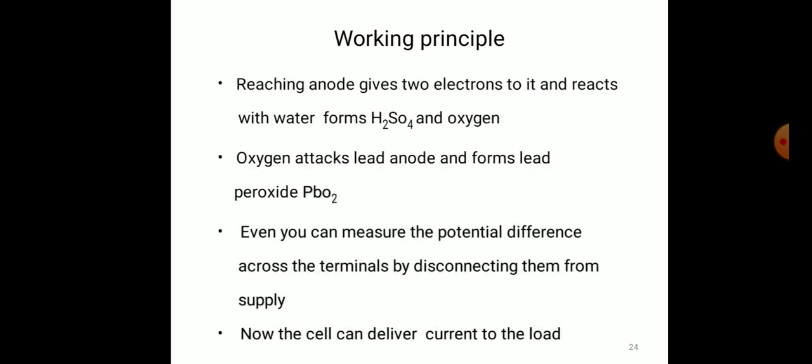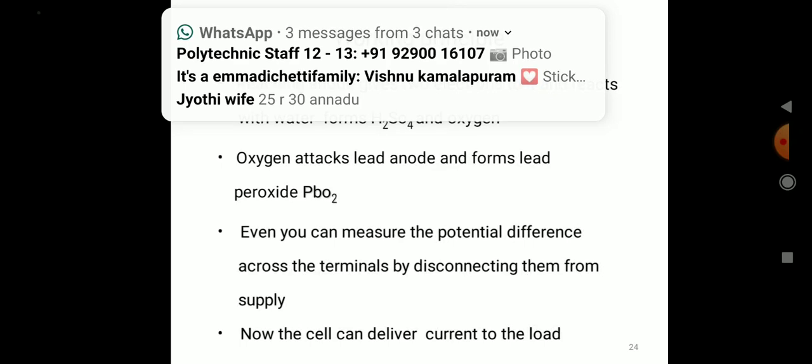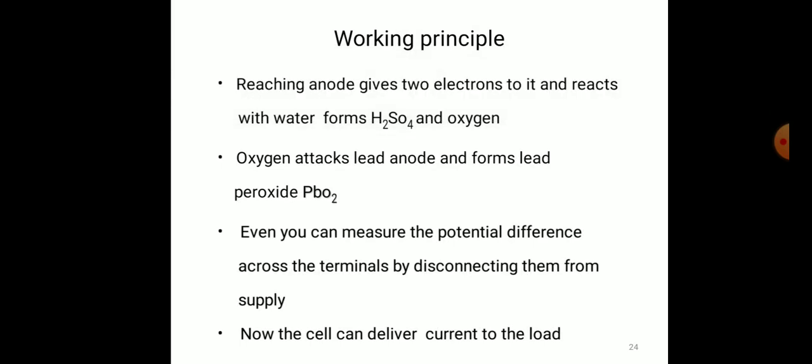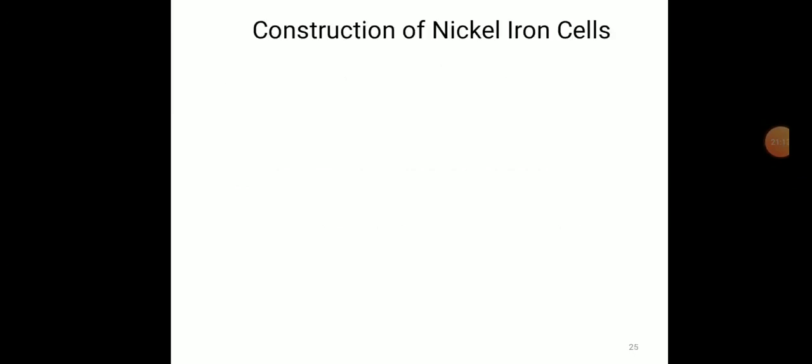Oxygen attacks the lead anode and forms lead peroxide, PbO2. You can even measure the potential difference across the terminals by disconnecting them from the supply. Now the cell can deliver current to the load.